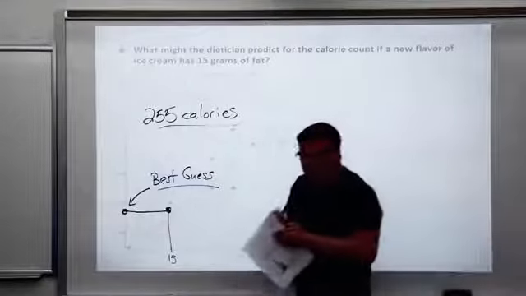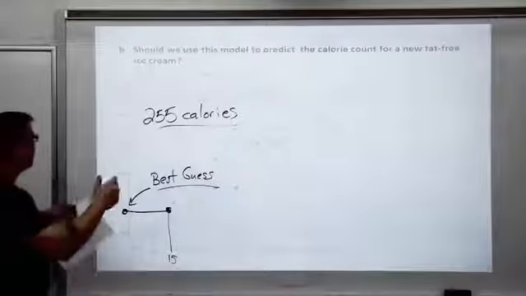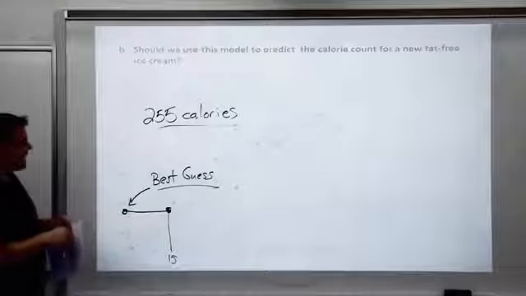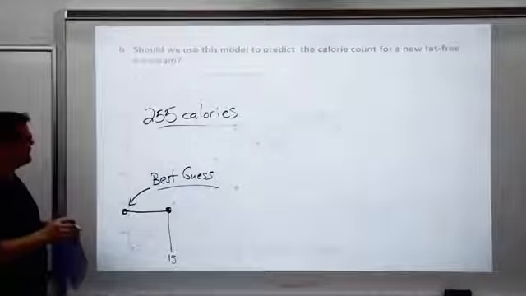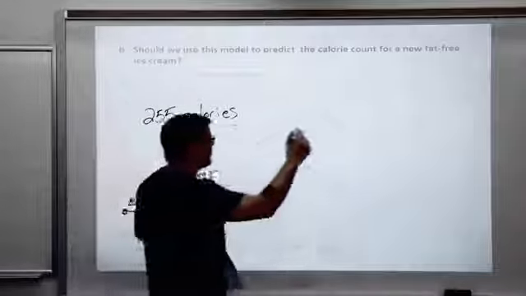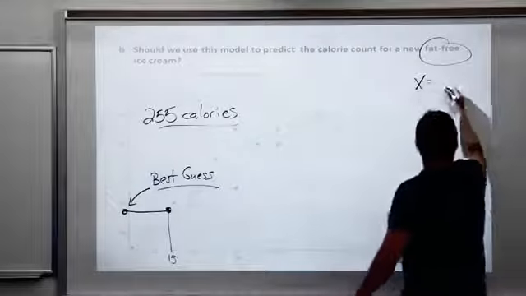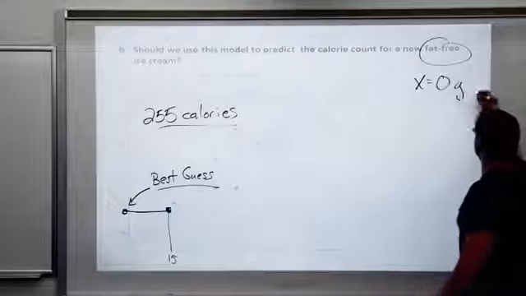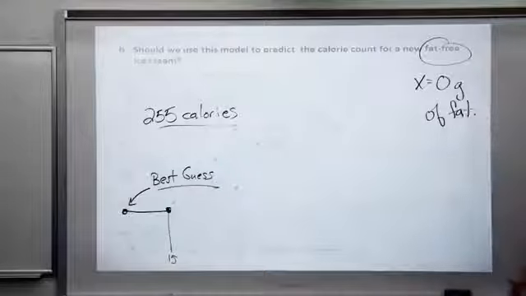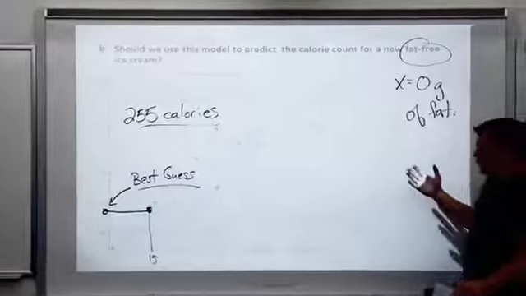Part B then. Something to think about: should we use this model to predict the calorie count for a new fat-free ice cream? How many grams of fat would a fat-free ice cream have? Fat-free is going to be x equals 0 grams of fat. Think about this, and this is important going forward.